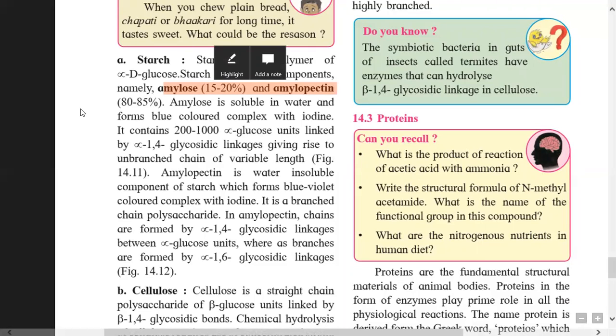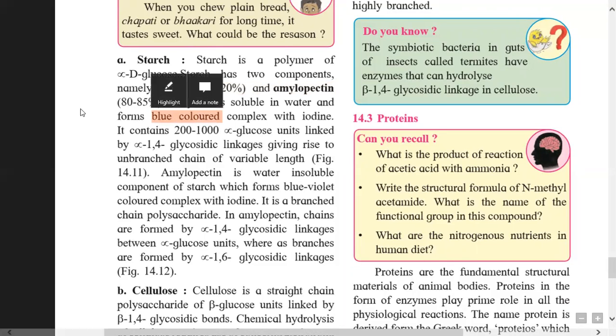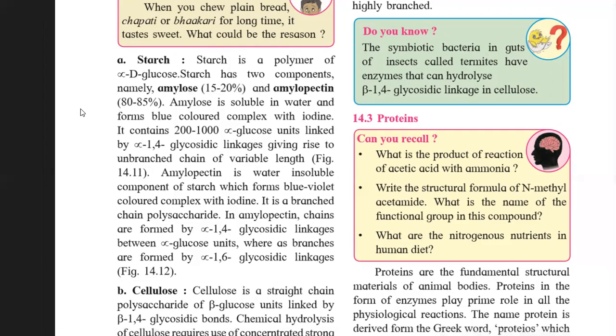Amylose is soluble in water and forms a blue colored complex with iodine. We know this is a very famous test for starch, and this is due to the amylose. When starch is mixed with iodine solution, it gives a blue colored complex.